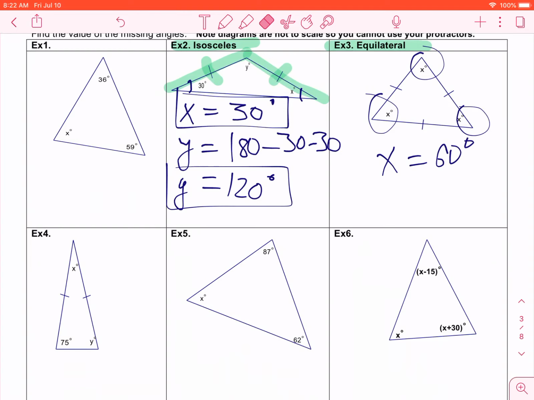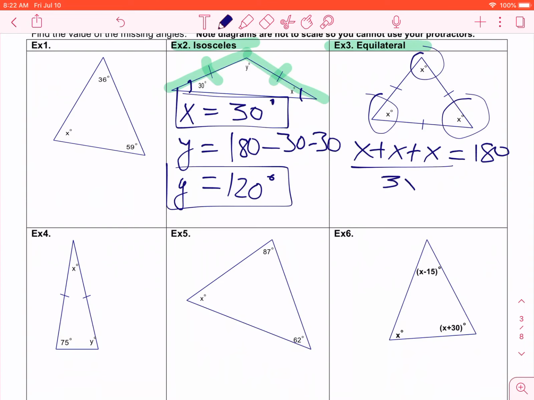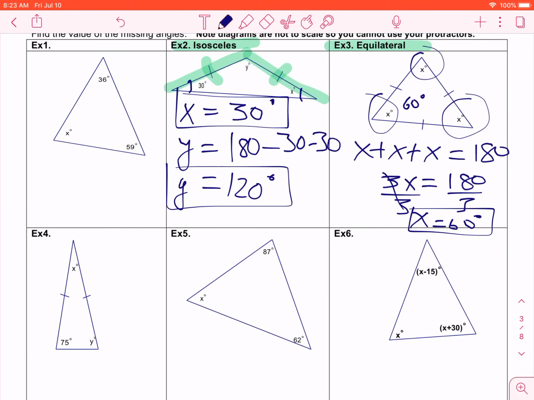Algebraically, though, how we can show it, x plus x plus x equals 180. When I add 3 x's together, I should get 3x, which is equal to 180, and then divide both sides by 3, get rid of the coefficient, so each angle in an equilateral triangle is always 60 degrees.